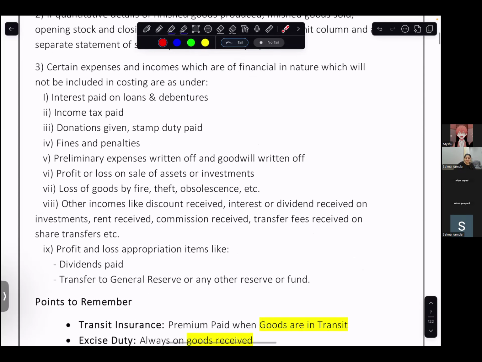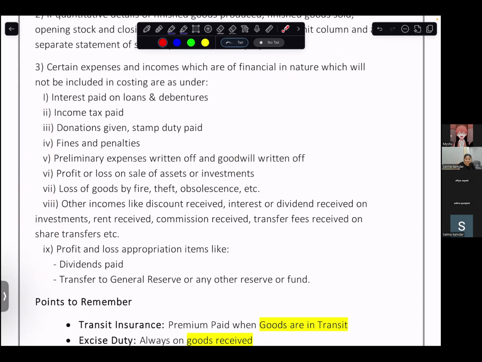Now, certain expenses which are financial in nature, they are ignored. They are not included in the costing. There is a list of 9 things that I have given you to remember. Interest paid on loans, income tax, donations, fines, penalties, preliminary expenses written off, goodwill written off, profit or loss on sale of investments.